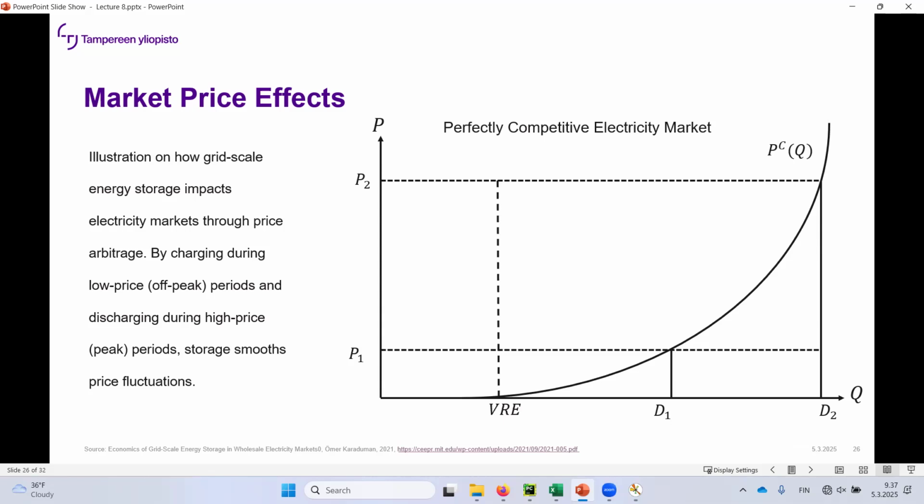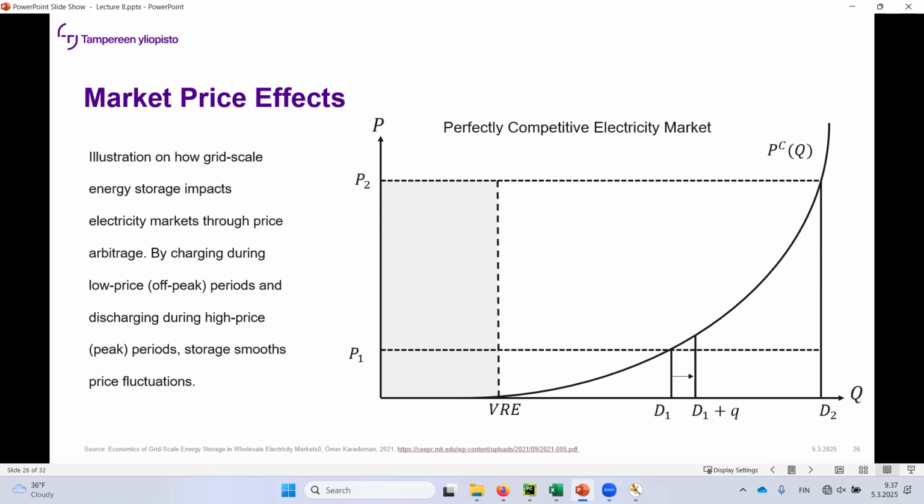There's variable renewable energy, and that would be the profit of variable renewable energy. Since it doesn't have any operational costs, it has the highest profit in these cases. In here, the profit would be huge. If the gas turbines run the show, so the price is determined based on the gas turbines, the variable renewable energy is going to get a ton of money.